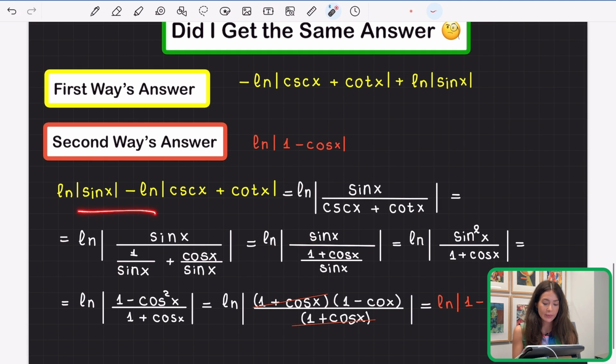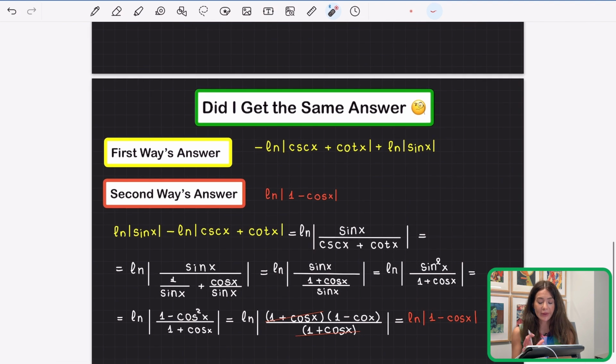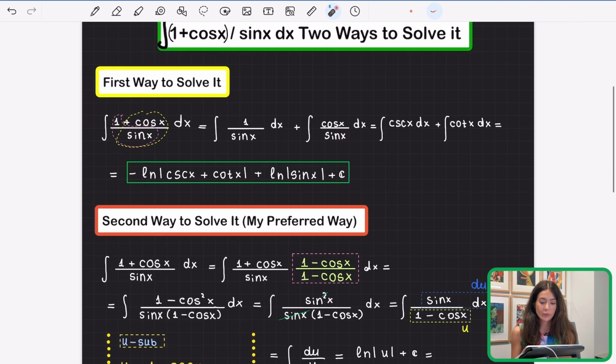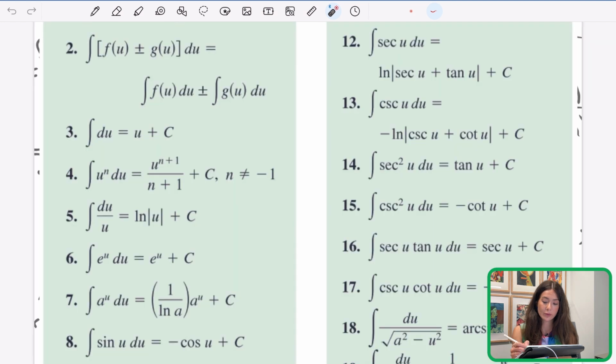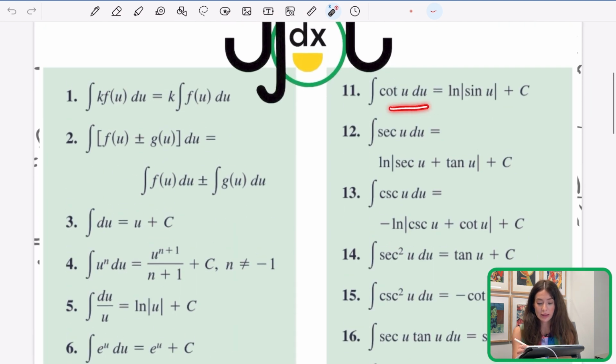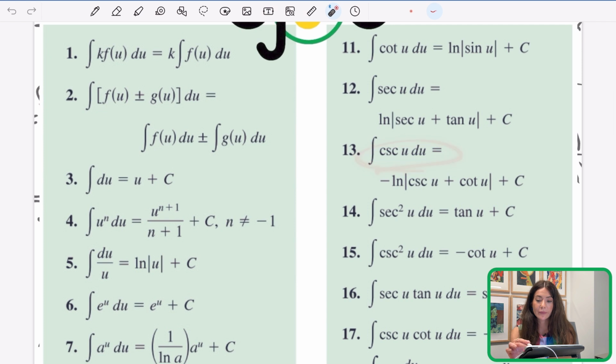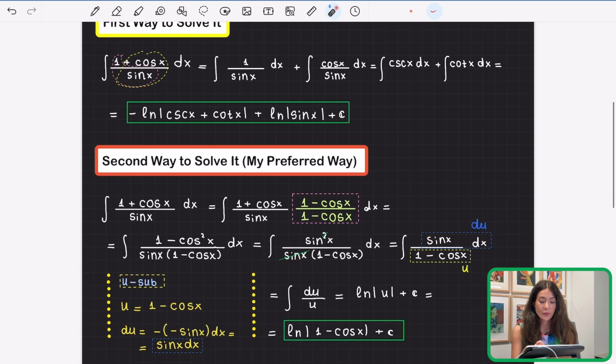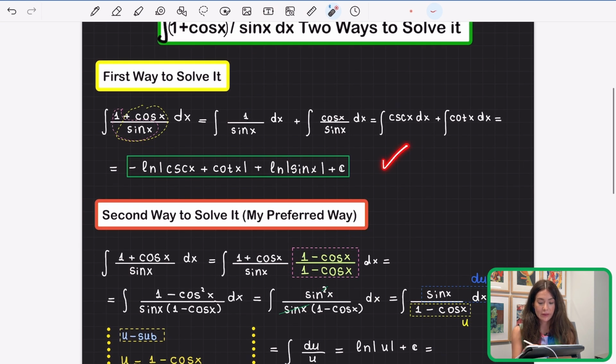And I think that's quite beautiful because, as you can see with trig identities, you can prove that here. So if you have the formula for the integral of cotangent and the integral of cosecant, then this way is simpler because it's a faster and shorter solution.